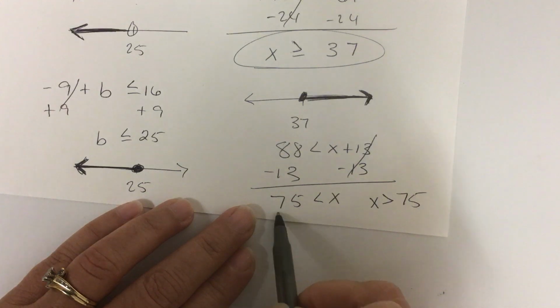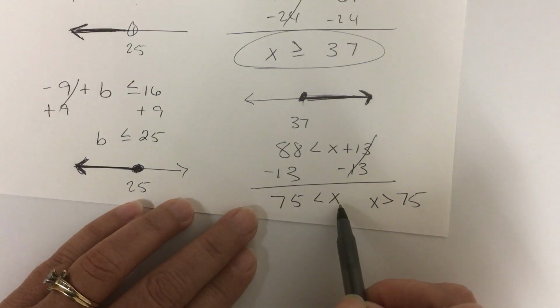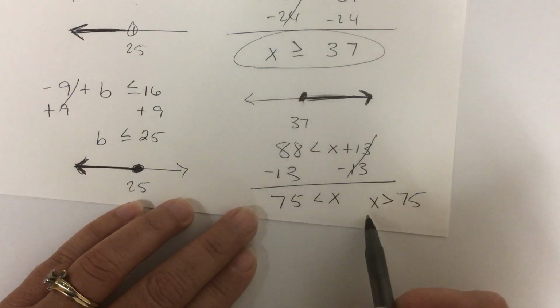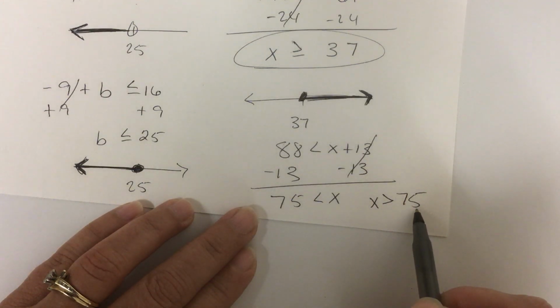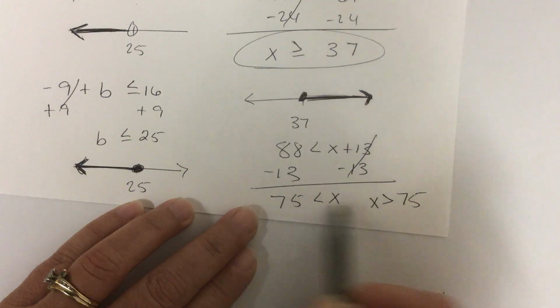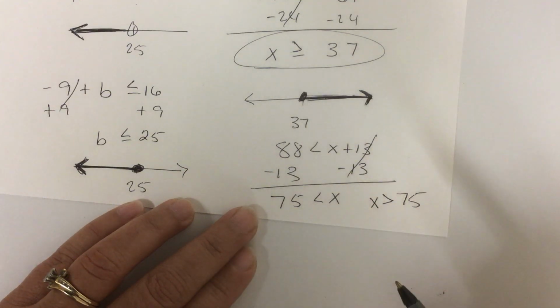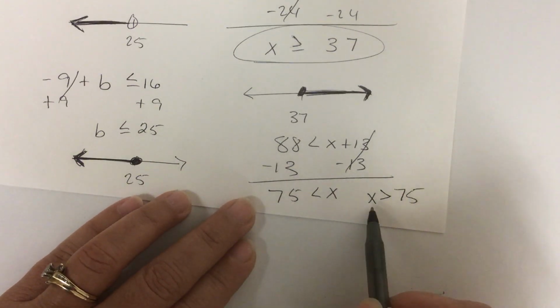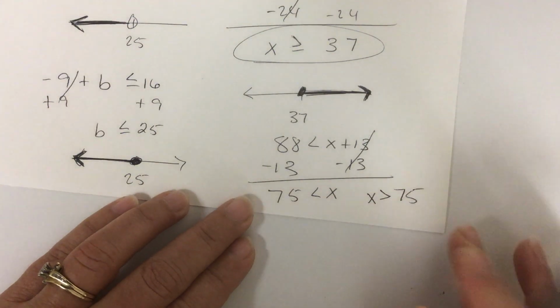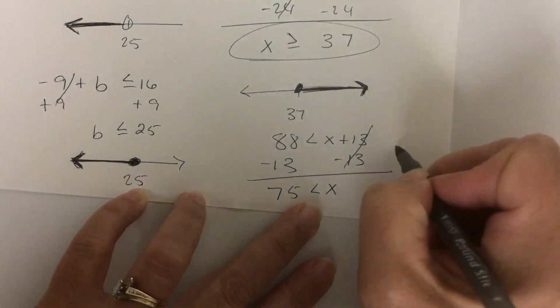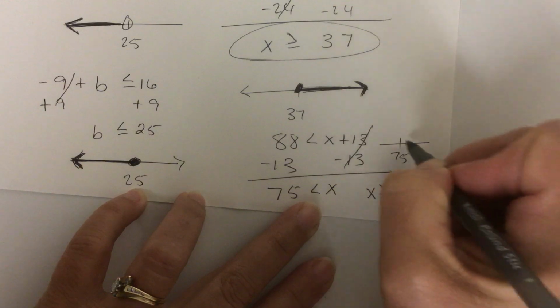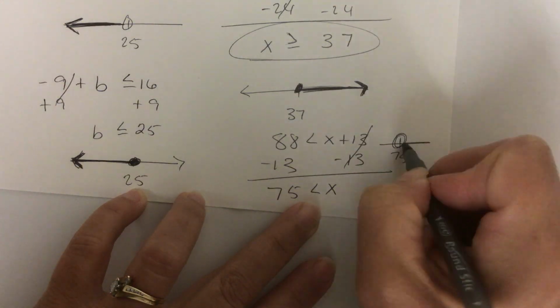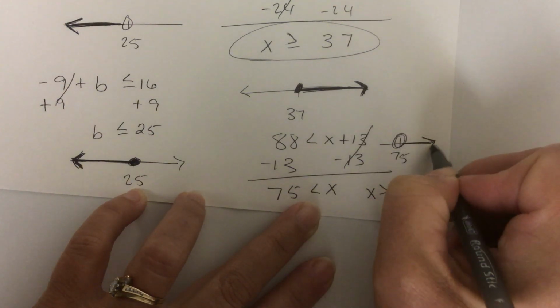If 75 is less than somebody who's 90, 75 is less than 90. If you turn it around and start with 90, you have to say 90 is bigger than 75. So inequalities can be written either way, but if you're going to graph them, I like to turn it around and put the letter on the left, and then if you were to graph this, you'd have a 75 with an open circle, and it would be shaded to the right.